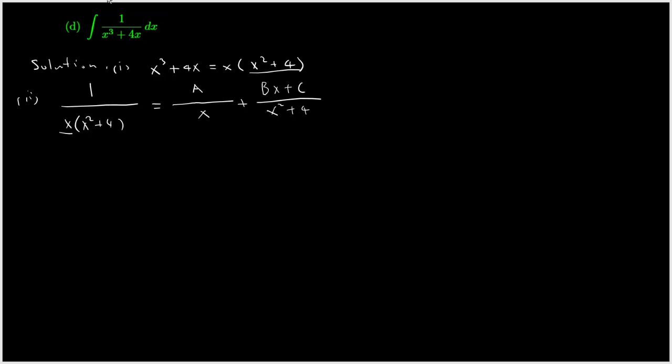So do not use a single number. The numerator corresponding to an irreducible quadratic factor has to be a linear function. Bx plus C is good. You know the next job: after you get this right, the next job is to determine A, B, and C.